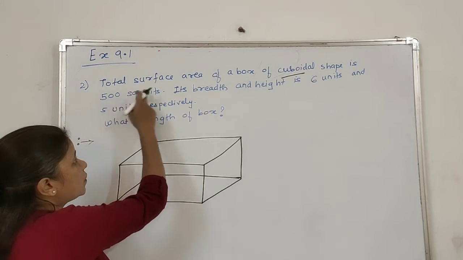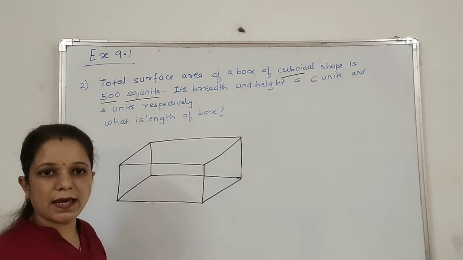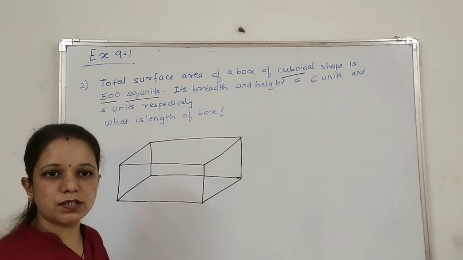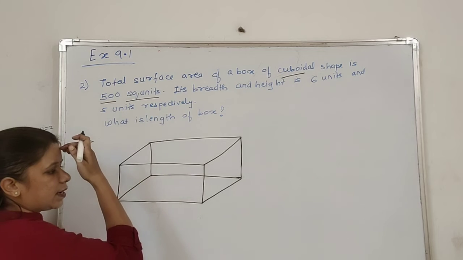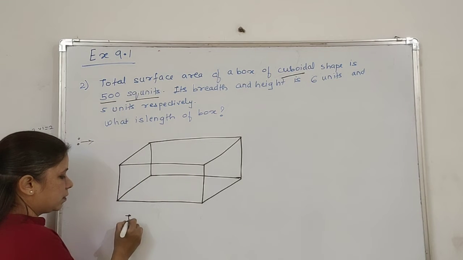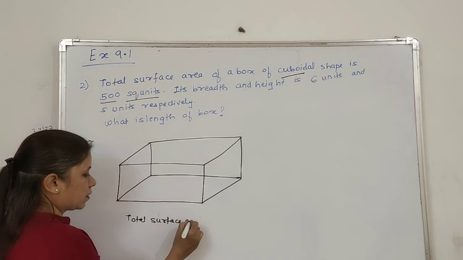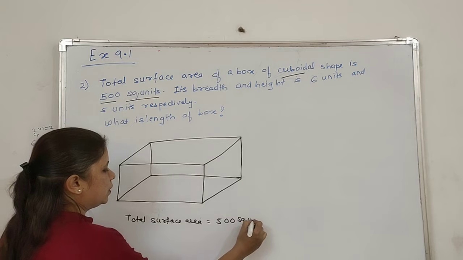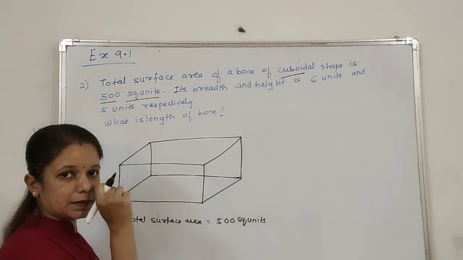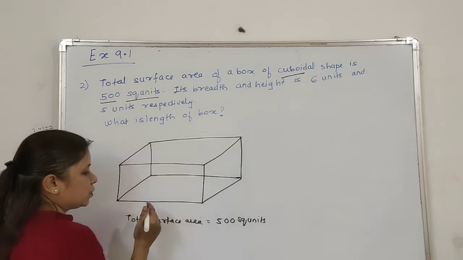Here total surface area is given to you as 500 square units. SQ units means square units. Then breadth and height, both the dimensions are given to you.